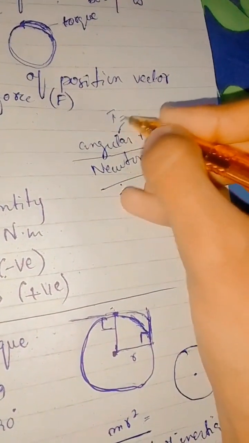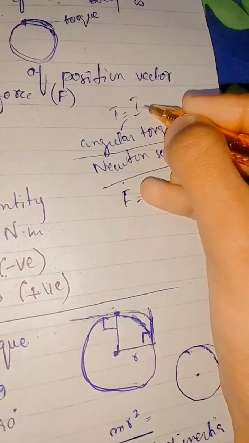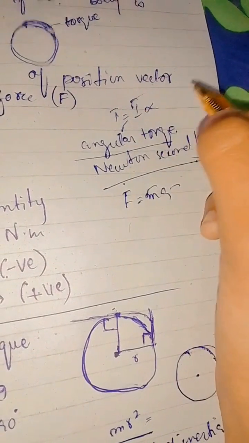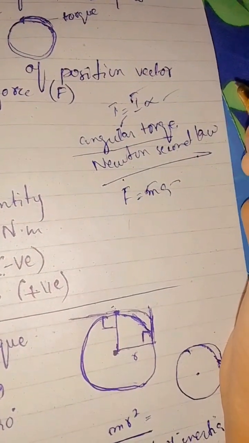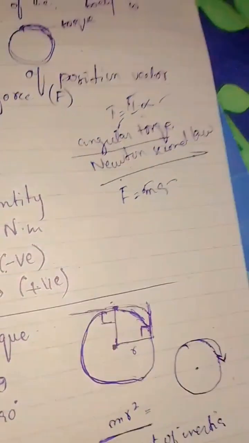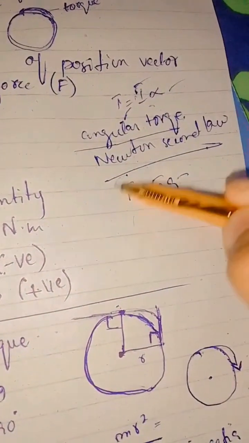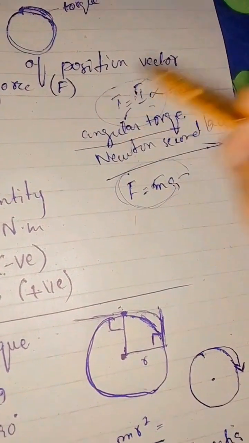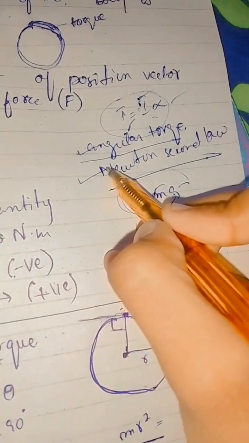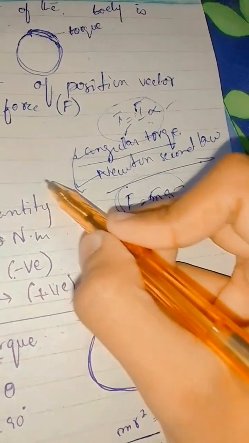Here, as angular torque, we have made a formula where this is angular mass and this is angular acceleration. Both are the same formulas, but one is in linear motion and the other is in angular motion. So we can say that angular torque and Newton's second law are both the same.